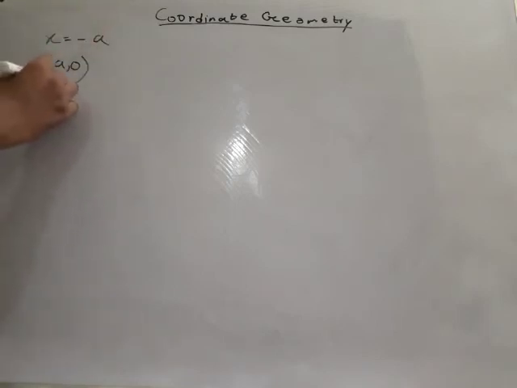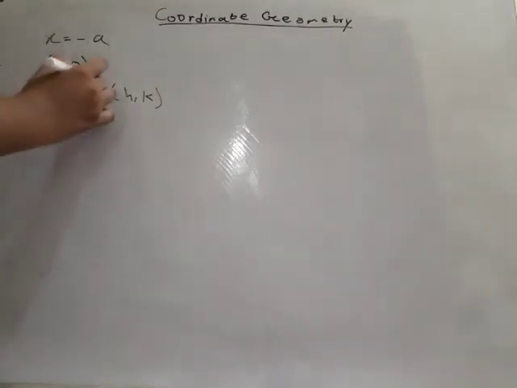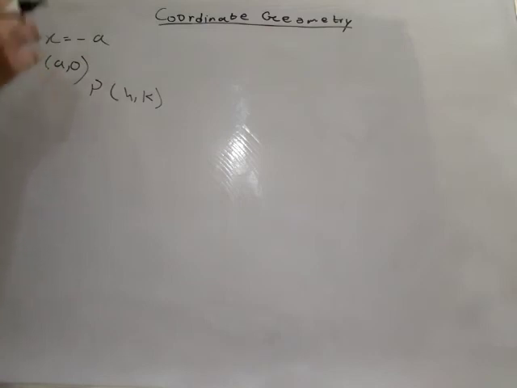So let us take the point P as h comma k. So what will be the distance from x equal to minus a?